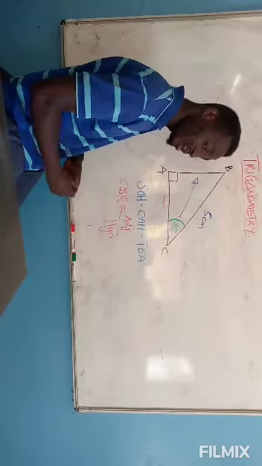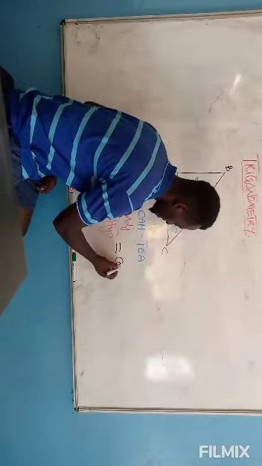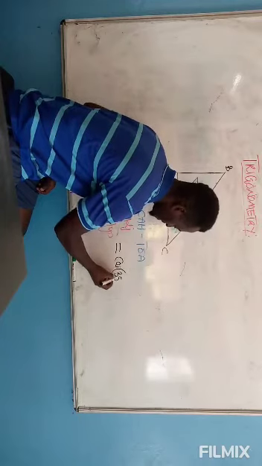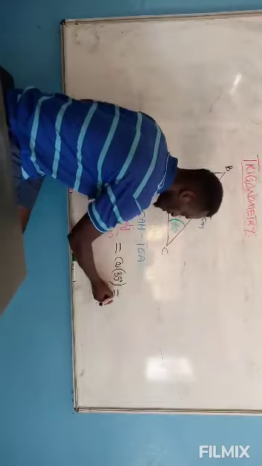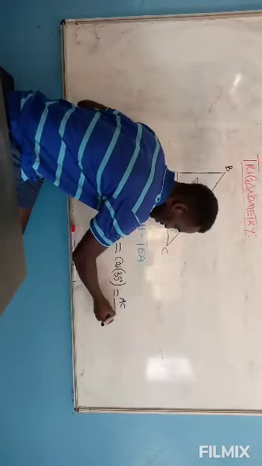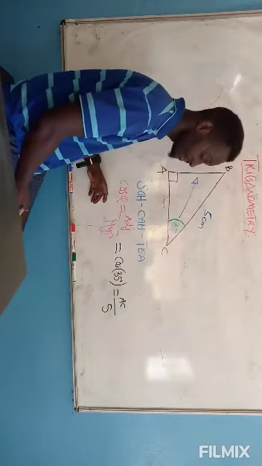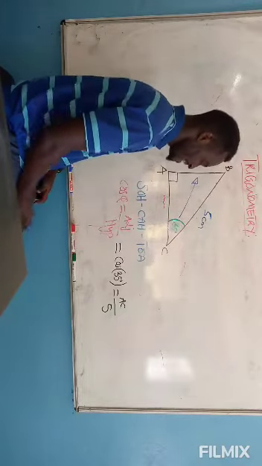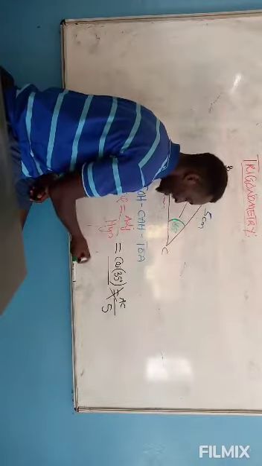Later on, I'll proceed by saying cos 35 degrees, where theta is the angle, is equal to side AC over the hypotenuse, which is 5. Then I can cross multiply, which means that will be over 1.